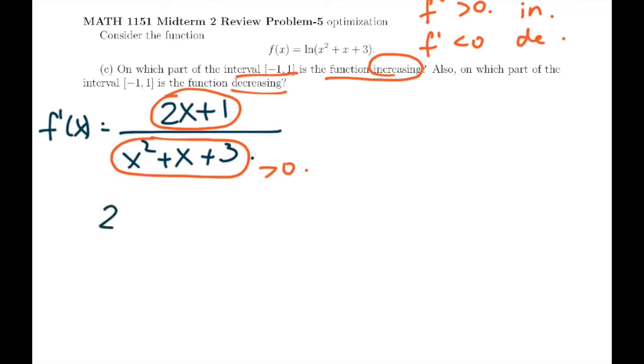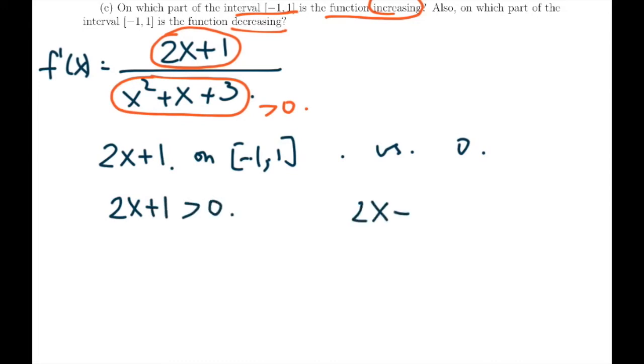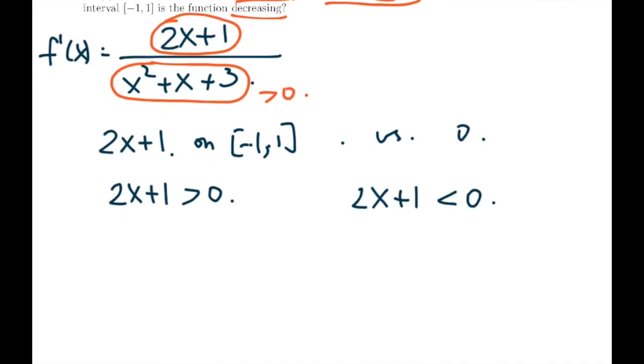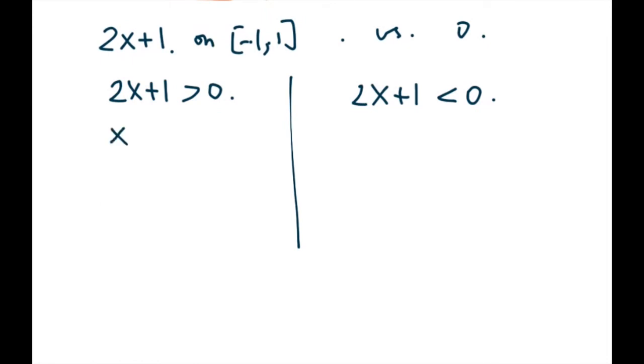That is 2x plus 1. And compare the value of 2x plus 1 on the interval from -1 to 1 with 0. By solving a very simple inequality, 2x plus 1 greater than 0, we get the solution x greater than -1/2.